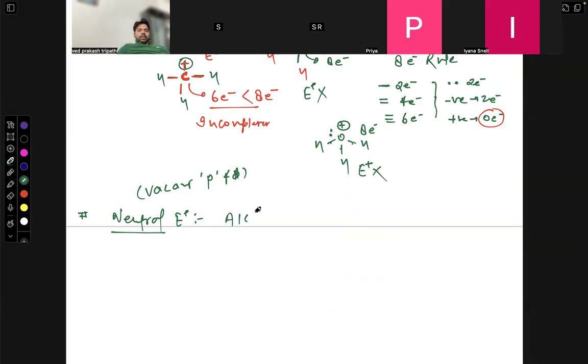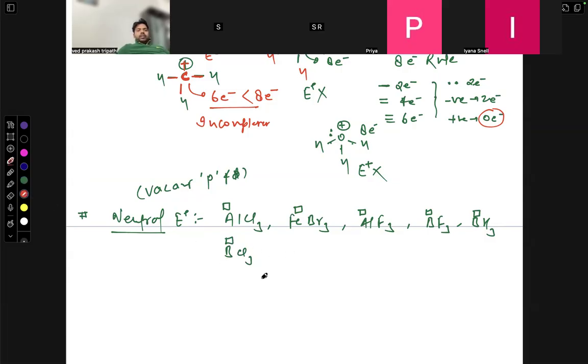Example, AlCl3, aluminium has a vacant orbital. FeBr3, AlF3, BF3, BH3, boron also has a vacant orbital. BCl3. So they have a vacant orbital.